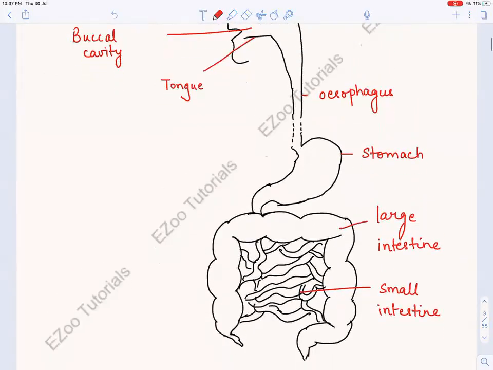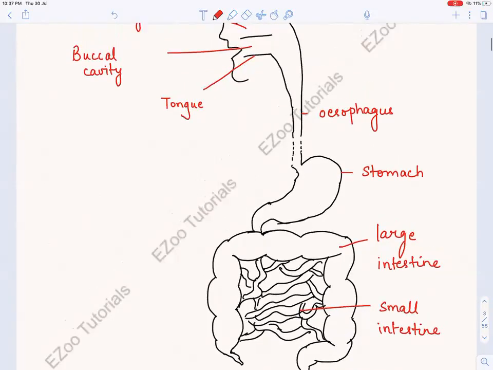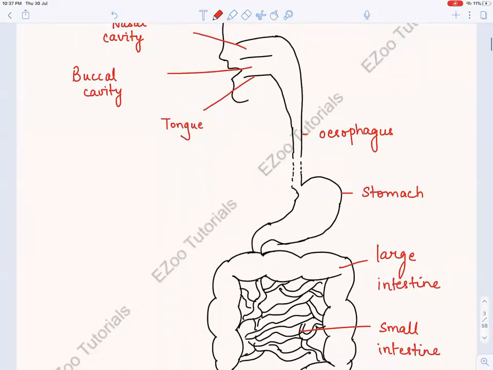And this is our anus. What do we know from this? It starts from the mouth and it ends at the anus. You have understood this, nothing much difficult.